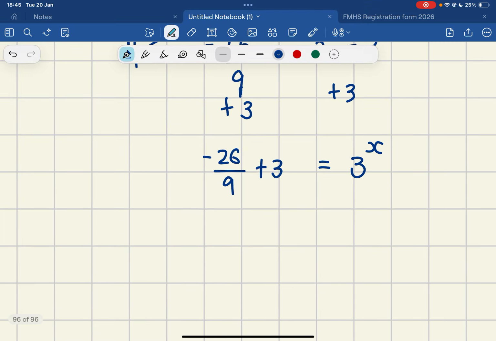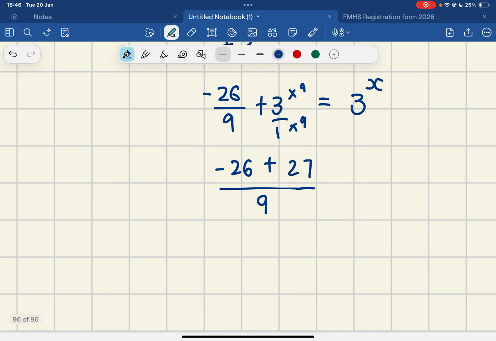So what I'll do is essentially simplify, multiply by 9, and when I simplify, I'll get -26 over 9 plus 27, because 9 times 3 is 27, which is equal to 3 to the x.